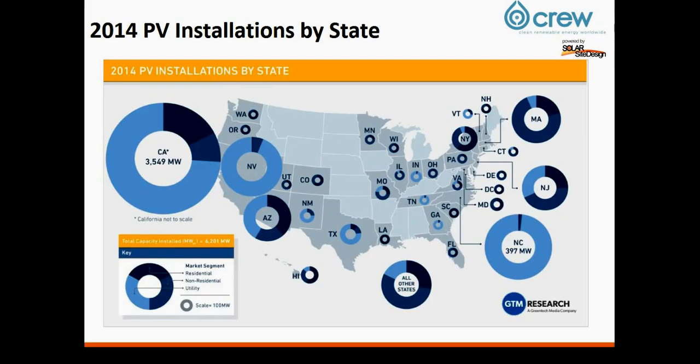These are markets where utility rates are higher, or there might be financing vehicles available specifically for solar projects. You'll notice the majority are out west in states like California and Arizona, and you'll notice all across the Northeast have been very popular for solar. But the good news is that it won't be long before every single state on this map is highlighted.